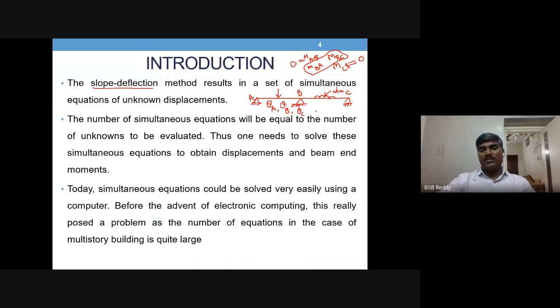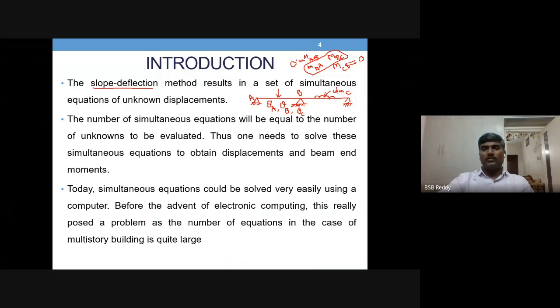So displacements are unknowns. A doesn't have a Y value, so only theta is unknown because it is a support. B also doesn't have deflection, and point C also has deflection 0 but rotation present. Likewise, all three supports have rotation present, deflection absent.